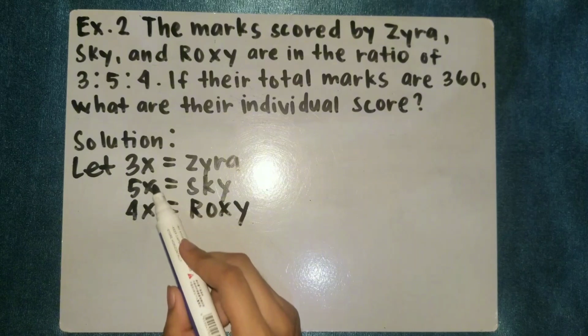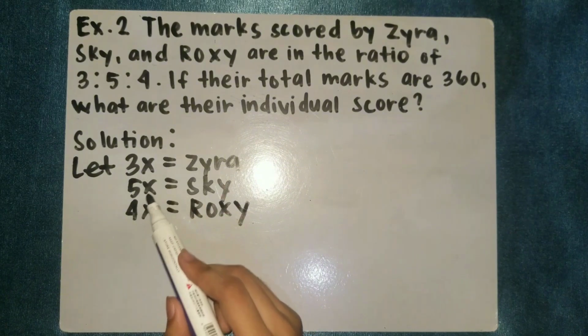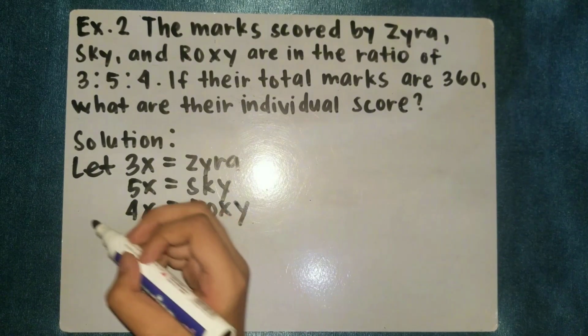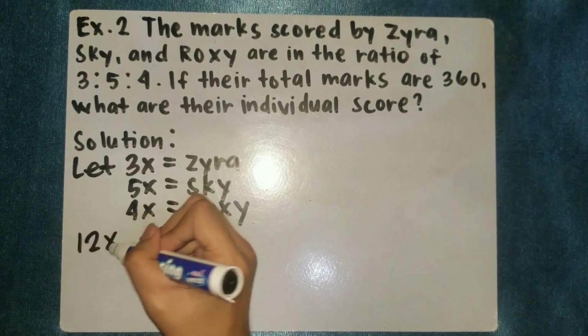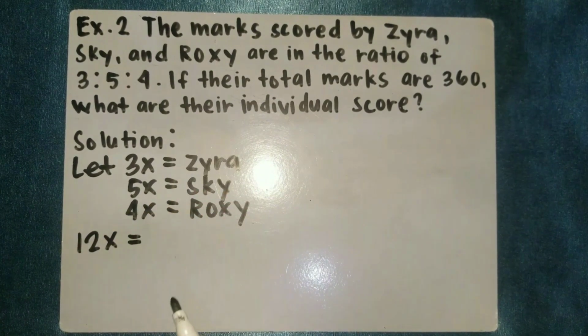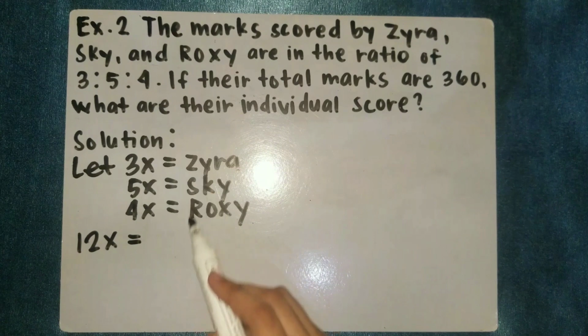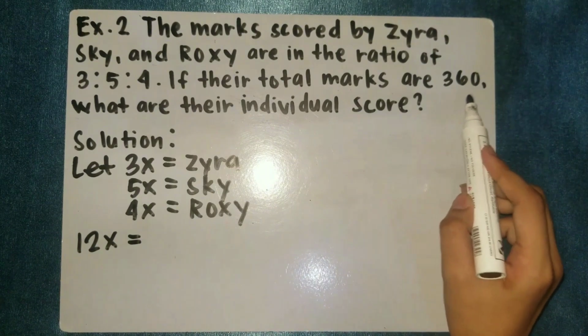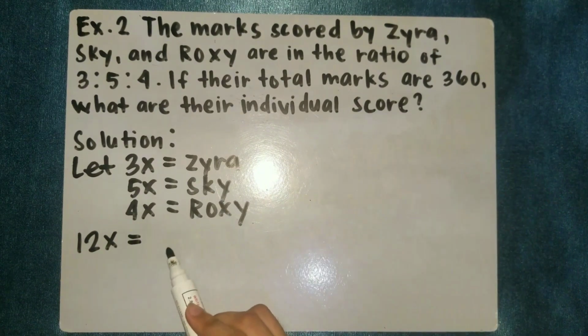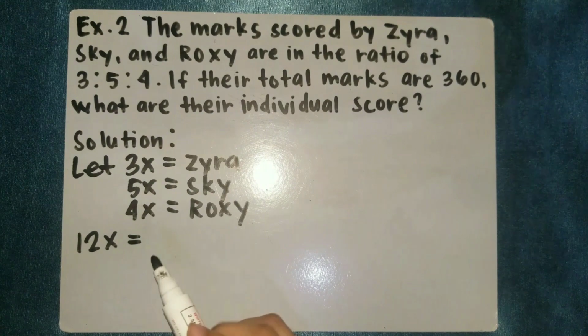Then kapag pinag-add natin yung 3x plus 5x plus 4x equal 12x. And sabi dito, ang tatlong ito ay may total score na 360. So ito yung ilalagay natin dito dahil ito yung paghahatian nila para malaman natin kung ano yung individual score nila.